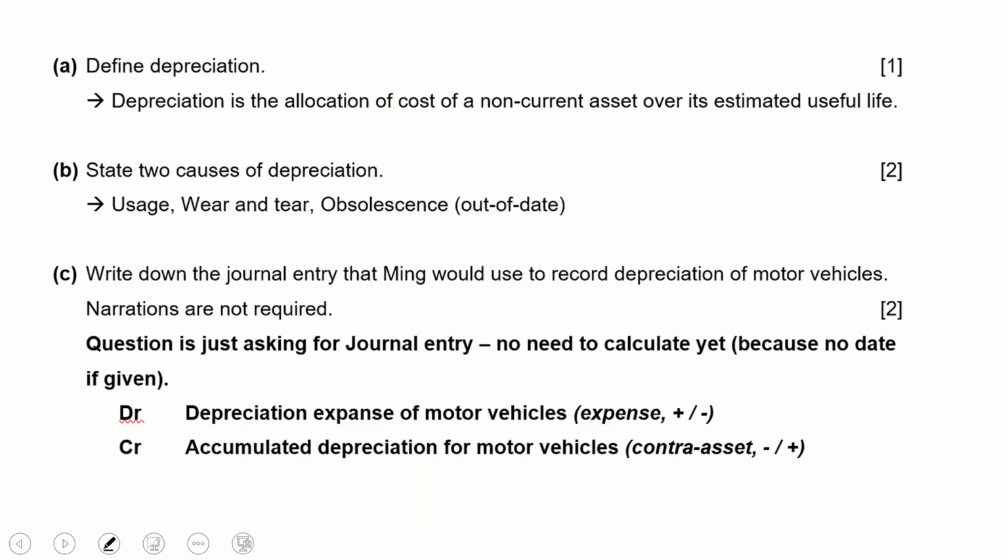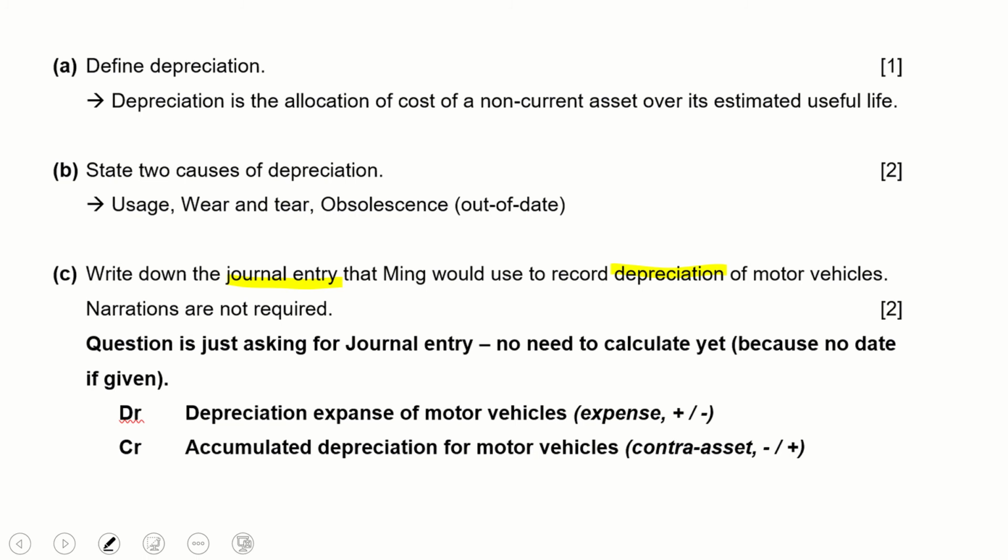These are the questions. The first few questions relate to theory questions, so you may pause and check your answers. Most of you are able to define depreciation and state the causes, so I shall not focus on that. Question C asks you to write down the journal entry that Ming uses to record depreciation. Most of you are able to write down the two accounts.